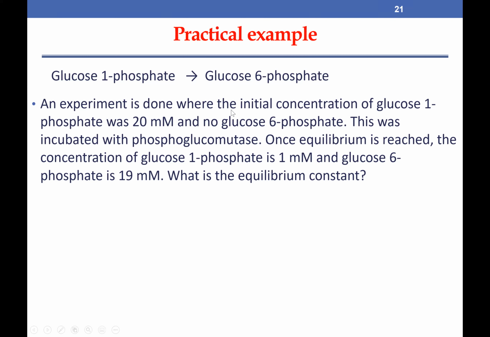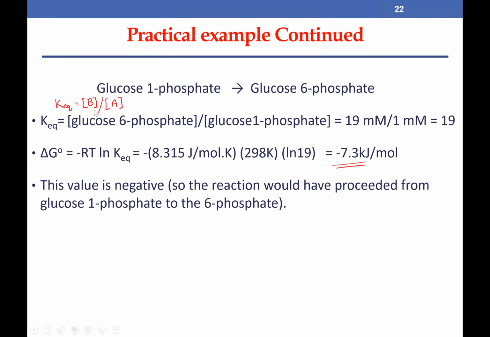It's simple, because it's called equilibrium constant, meaning I'll obviously use the equilibrium concentration. So the concentration of reactant at equilibrium was 1. So this is the number I'll use. So here we do concentration of product divided by reactant, and 19 by 1 is 19.